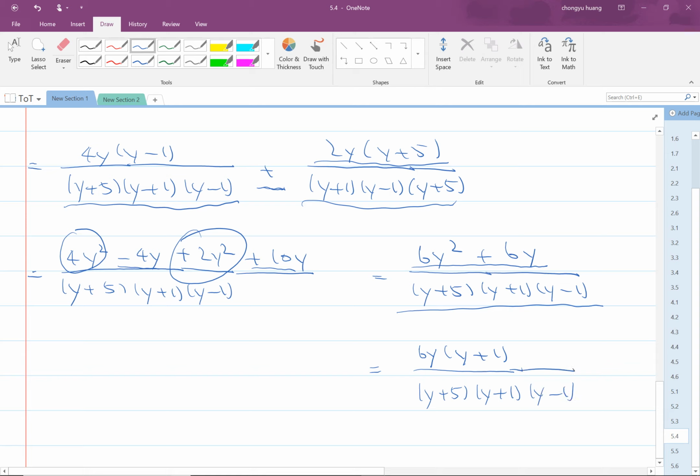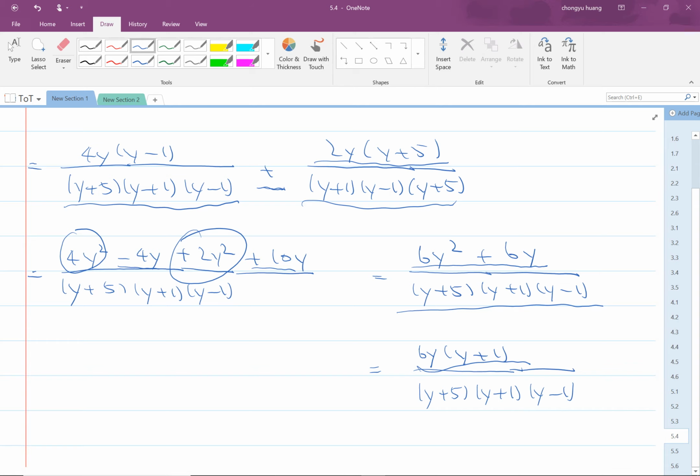Okay, let me repeat one more time. After this step you have to take a look and think in your mind, is there anything I can factor out more? And the answer is yes over here. As you can see, we can factor it into 6y and then bracket y plus 1, right?